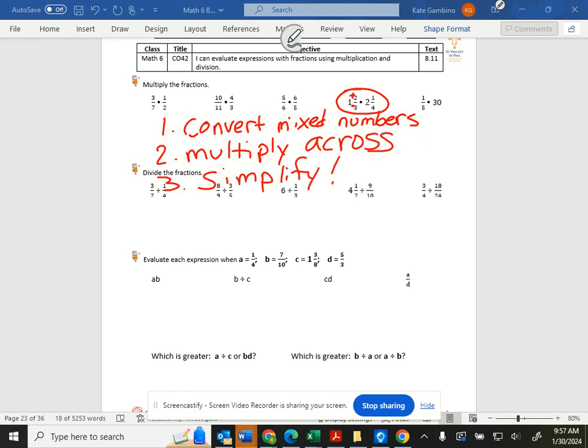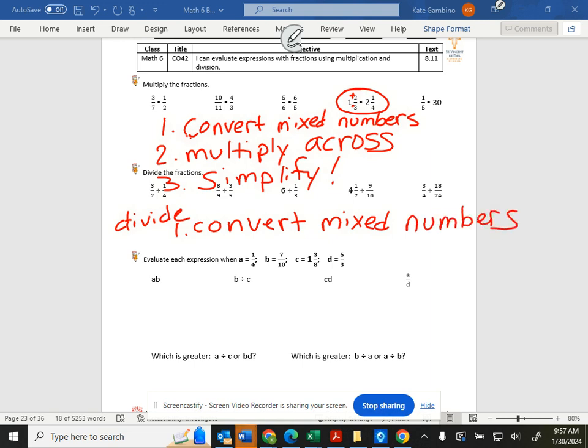That's for multiplying. What if we are dividing? What is our first step? Again, convert mixed numbers. Our second step is going to be different. What is that second step?